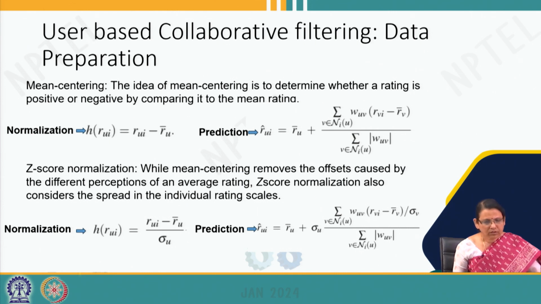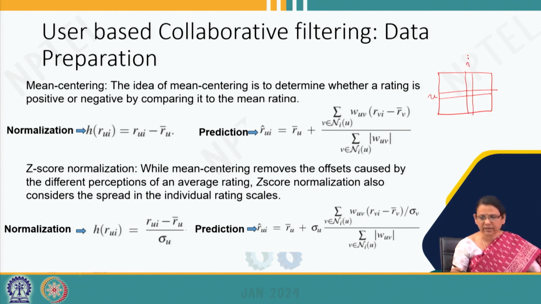Now, for the first one, suppose RUI is your rating, user U giving rating for item I, then you have a rating matrix and this is your user U, this is your item I. There are other users and other items as well.